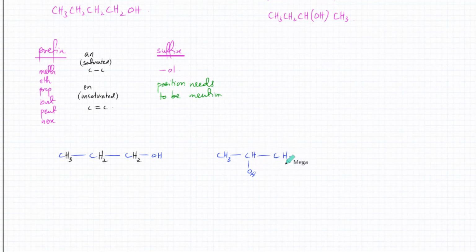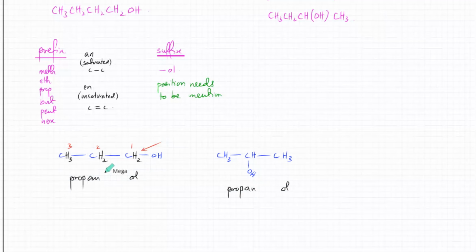So I'm going to try and name them. Both of them have 3 carbon atoms, so this one is prop. And it is saturated because all of them are single bonds, so it's propanol. And this one is also prop, saturated, so that means it's AN, all single bonds, and OL. Except that this one is position number 1. Counting is done from the end that is closest to it.